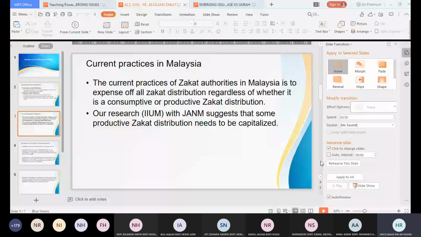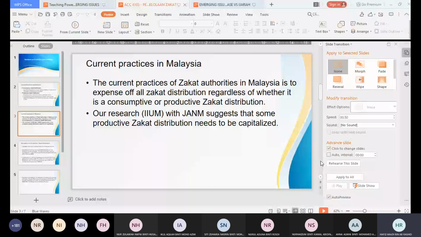That means when you look at their accounting treatment, it is always debit zakat distribution or zakat expenses, which will appear in the income and expenditure statement, and then credit cash. Doesn't matter whether it is consumptive or productive, they always expense it off.